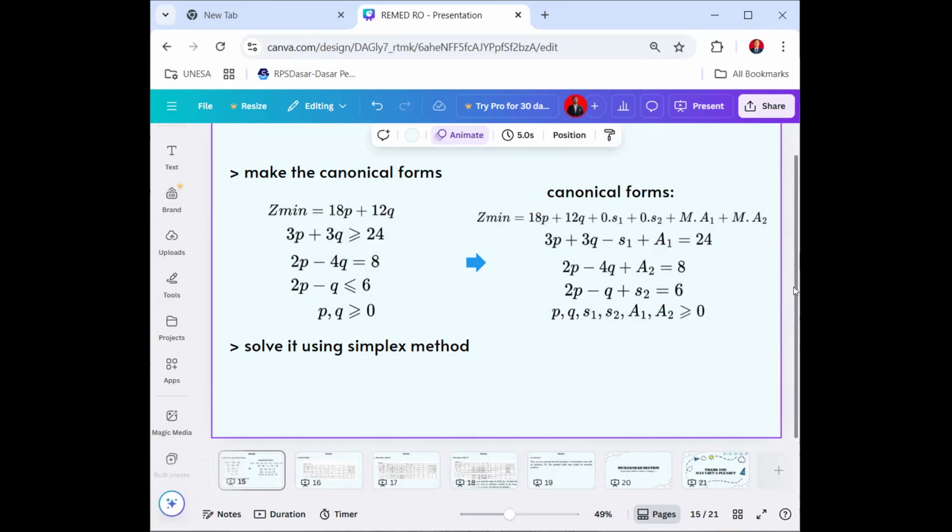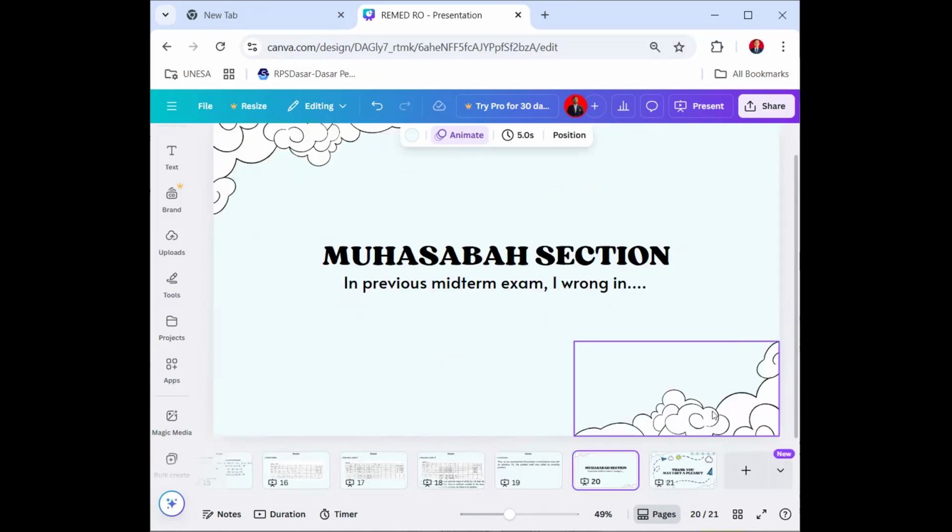The variables that can be a basis are just slack variables and artificial variables. Also, if there is a variable that appears only in that equation, you can use it as your basis. Now I remember that, but I forgot it during the exam.